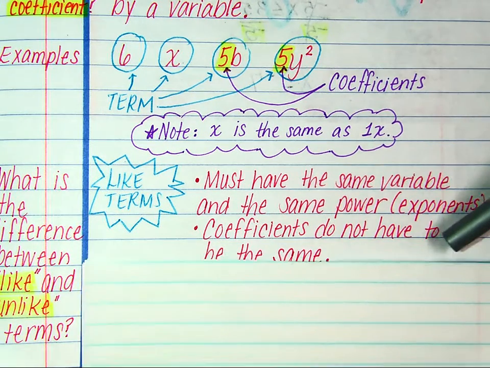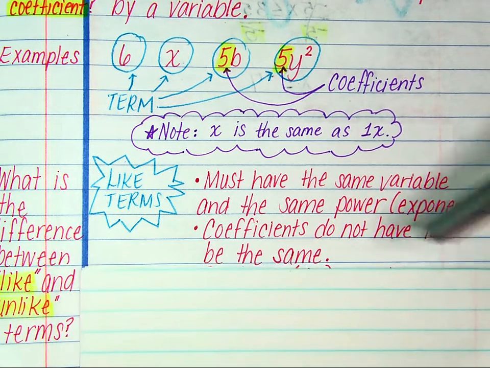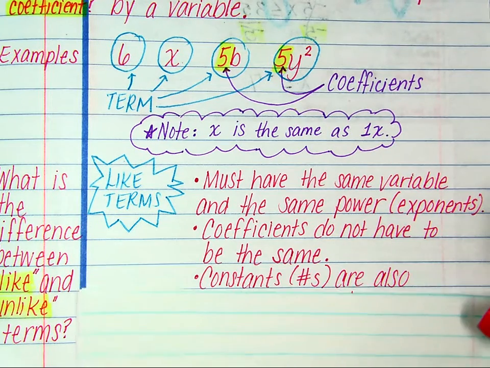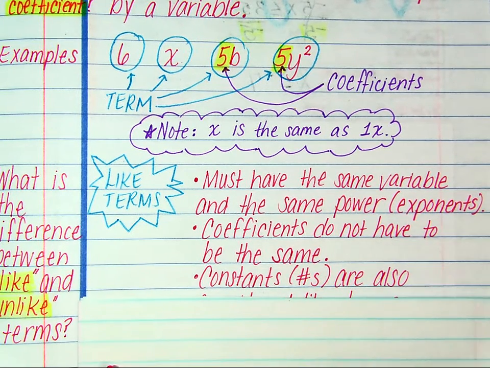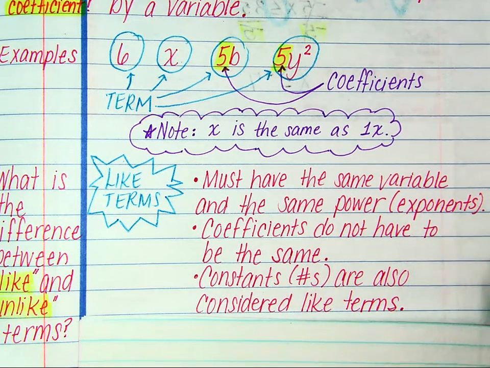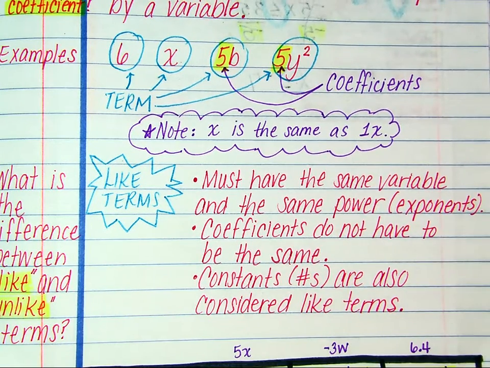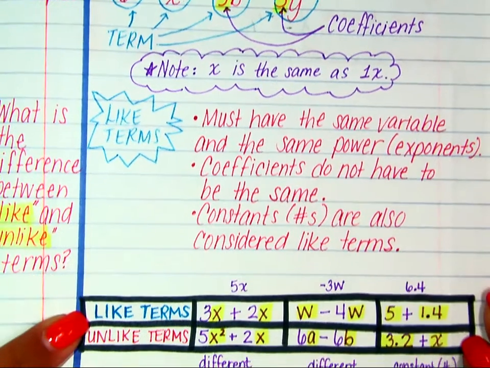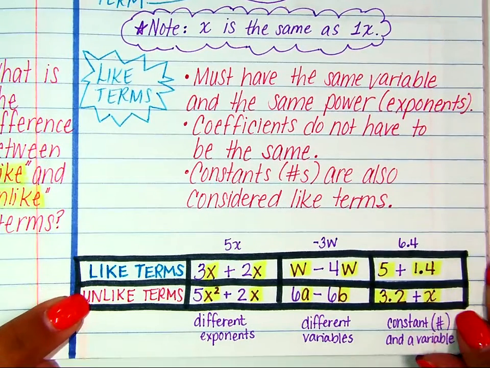Coefficients do not have to be the same when dealing with like terms. And constants, or those numbers, are also considered like terms.